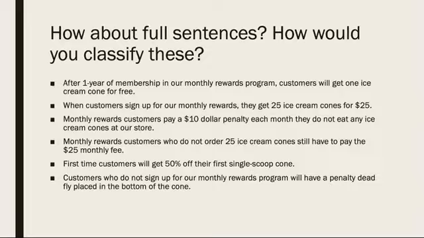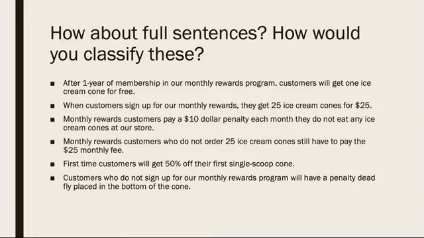Whereas, having the $10 penalty for not eating ice cream cones at their store, and then still having to pay $25 even if you don't eat all those ice cream cones, and then the penalty dead fly, like, seriously, it might not be part of the rewards program, but that's a straight up penalty. So these are the penalties that this ice cream store is going to give to you if you don't do certain things based on their policy. So in this one, we have actual rewards, and then we have punishments. These sentences, that's how we classify them.